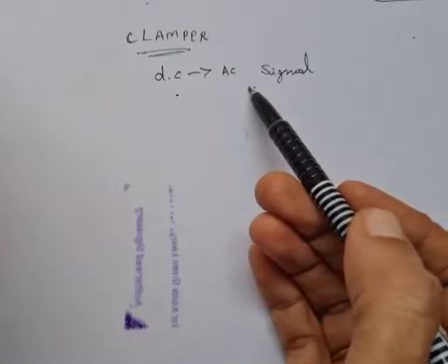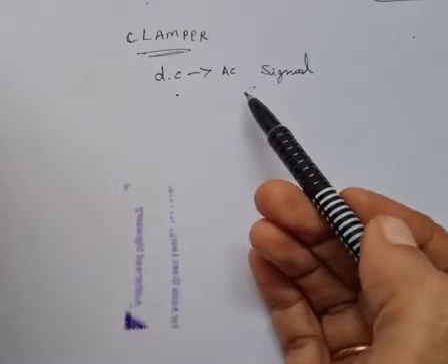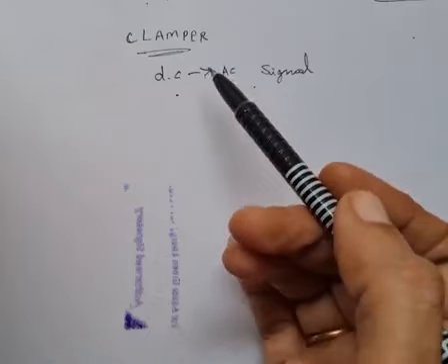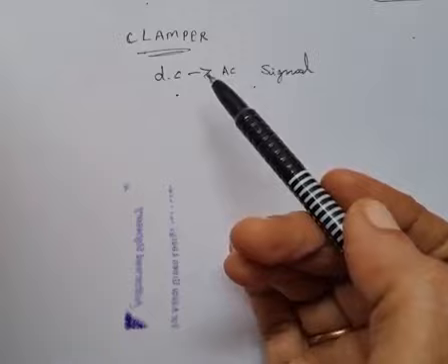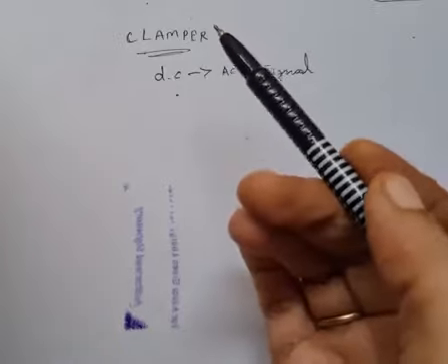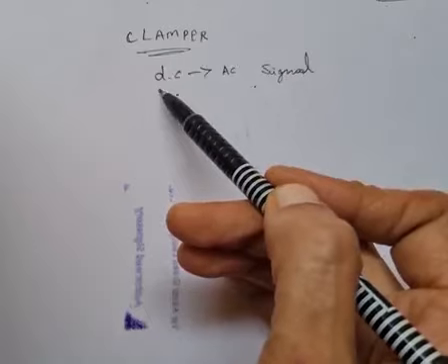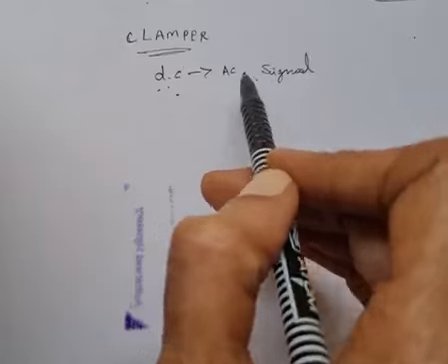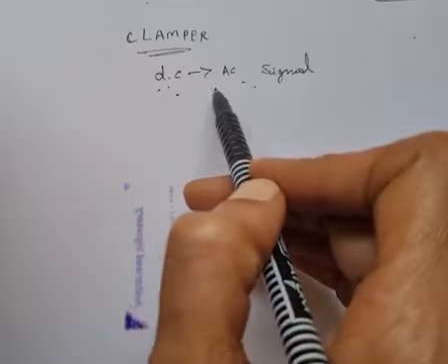Clampers are used in television receivers to control the video signals. That's why we use these clampers mainly in TVs. So this clamping network shifts a signal to a different DC level. Mainly this is the purpose of a clamper.